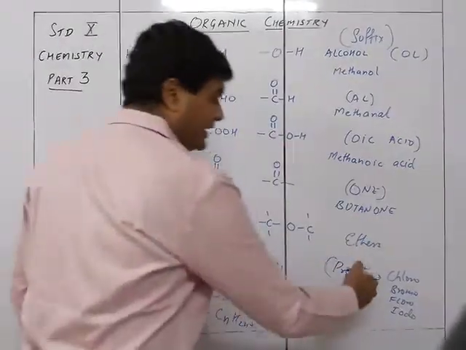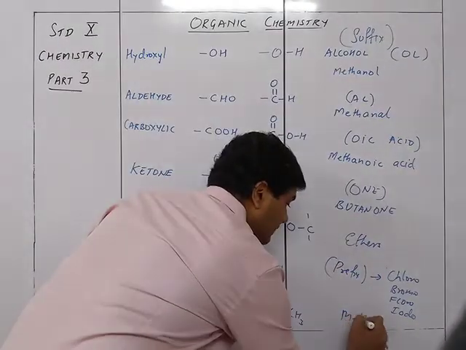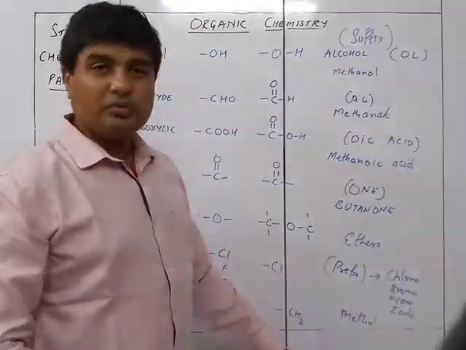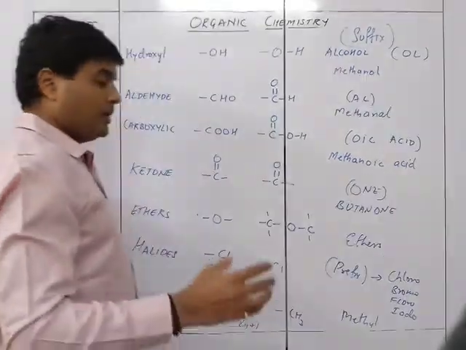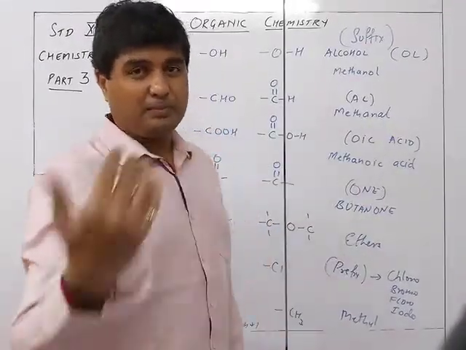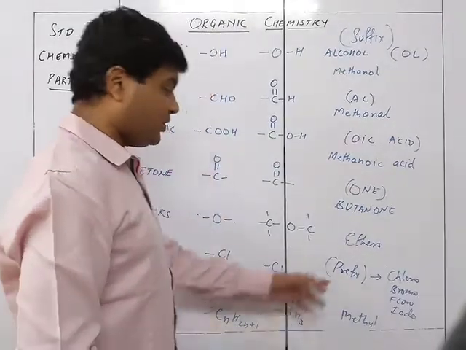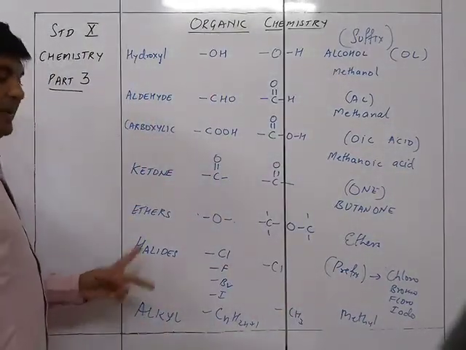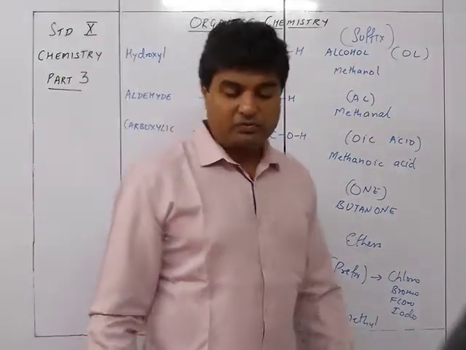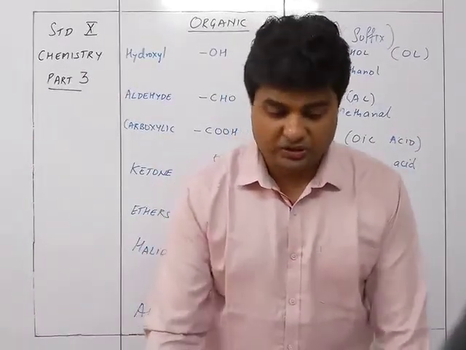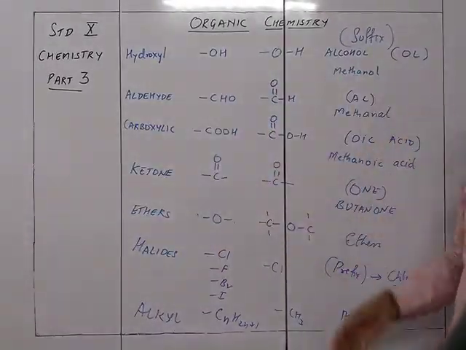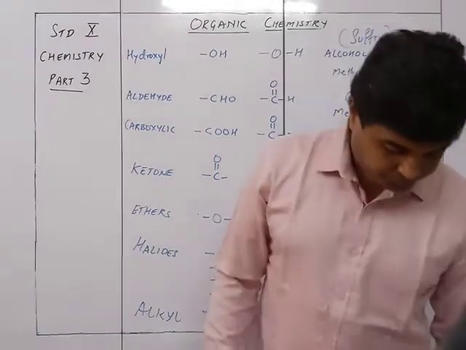So it will again be a prefix of methyl or ethyl or butyl. So the names will be methyl ether, methyl propane, methyl butane. So that will again be a prefix. So in prefix there are two: one is the halides and the other the alkyls. Alkyls and the halides will be in the prefix of the nomenclature, whereas the others will have it in the form of a suffix.